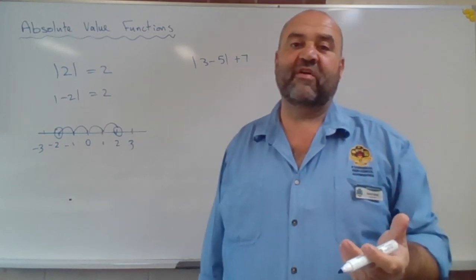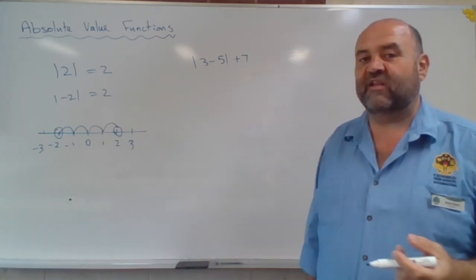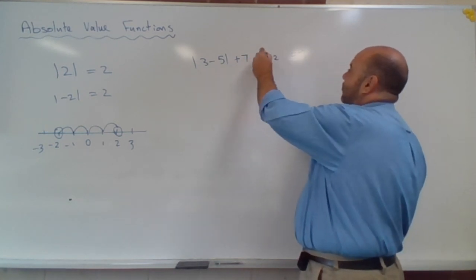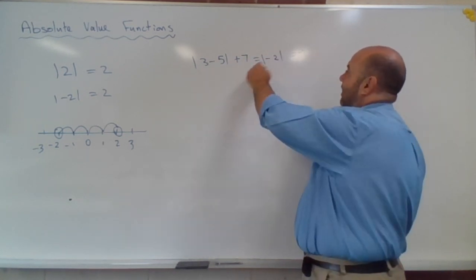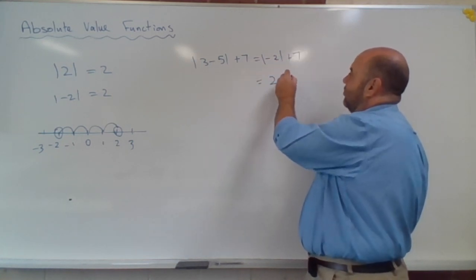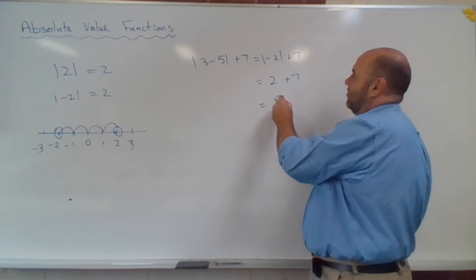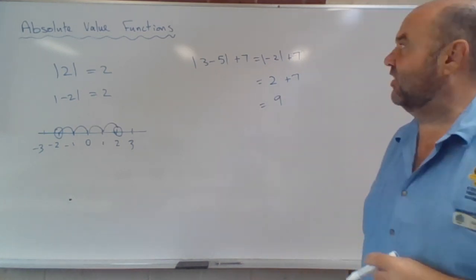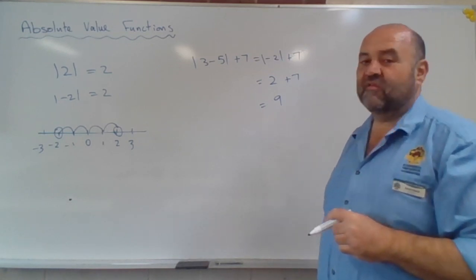Well, it's only the 3 minus 5 that is within the absolute value signs. So 3 minus 5 is -2, plus 7. The absolute value of -2 is 2, plus 7, that's 9.